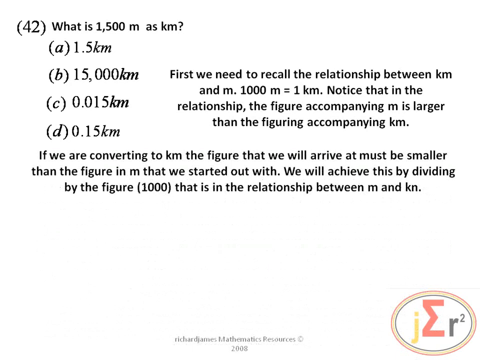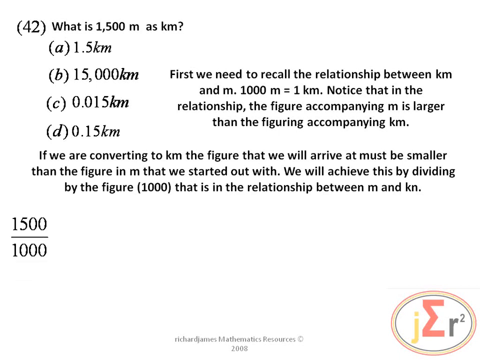If we are converting to kilometer, the figure that we will arrive at must be smaller than the figure in meter that we started out with. We will achieve this by dividing the figure by 1,000. And of course, 1,000 is the figure that is in the relationship between meter and kilometer.